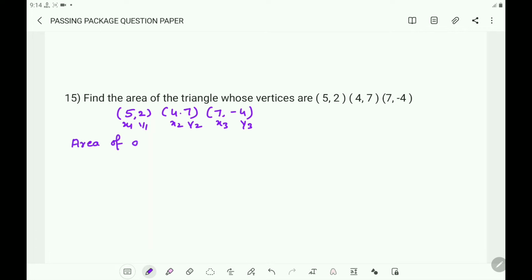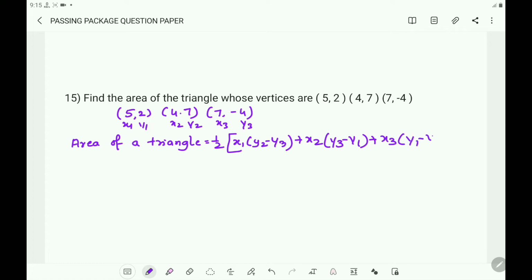Area of a triangle equals 1 by 2 into x1 into y2 minus y3 plus x2 into y3 minus y1 plus x3 into y1 minus y2.